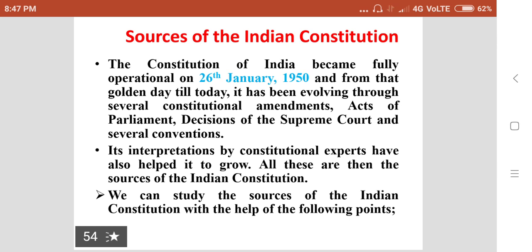Actually, the Constitution of India was completed on 26th November 1949, but operated from 26th January because of this Purna Swaraj Day. So we can study the sources of the Indian Constitution with the help of the following points.